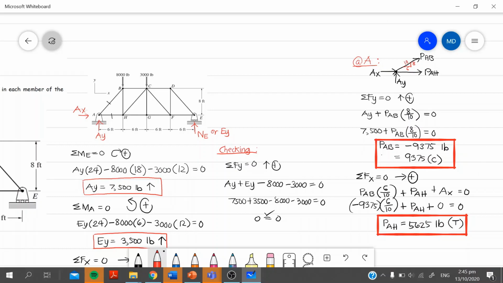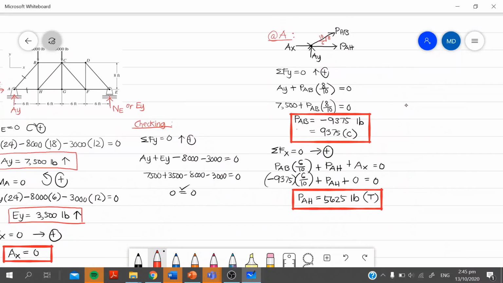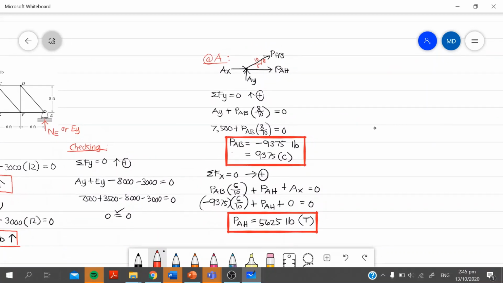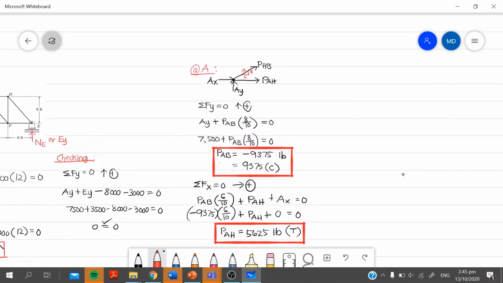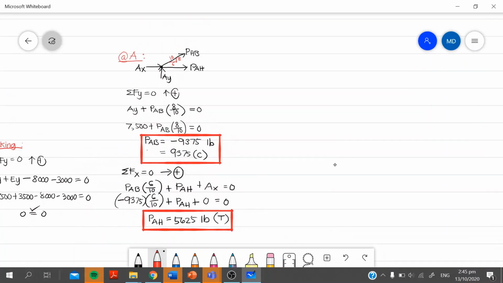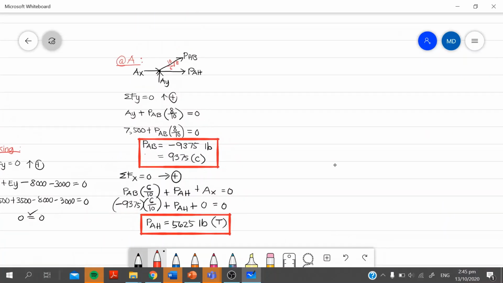Now, wala nang iba, di ba, na unknown at joint A, nakuha na si force AB at force AH. Now, let's move our way to joint B. So, at joint B, ano yung mga nakakabit at joint B?